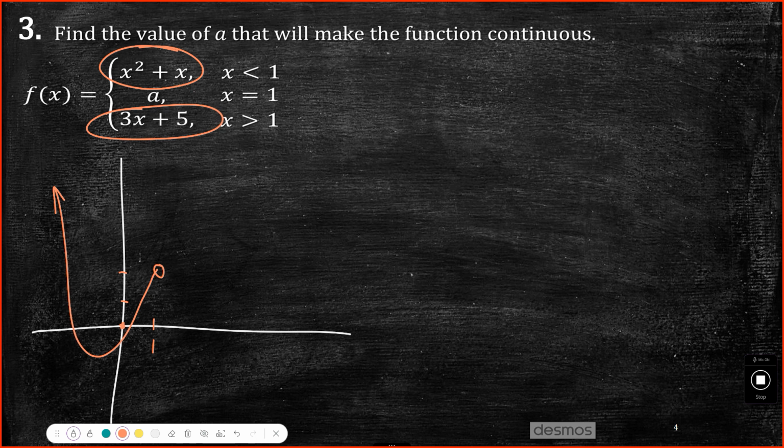What is the output? 8. If you plug in 1, 8. So at 1 it's going to be 8. And it's a line. It's going to go something like that.